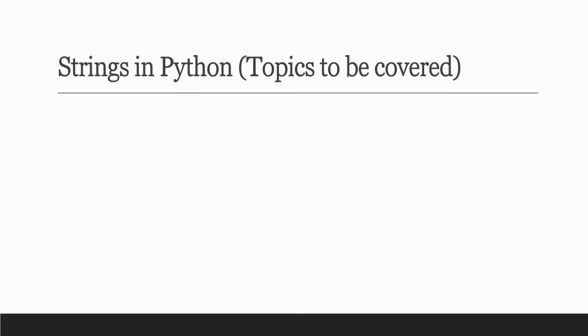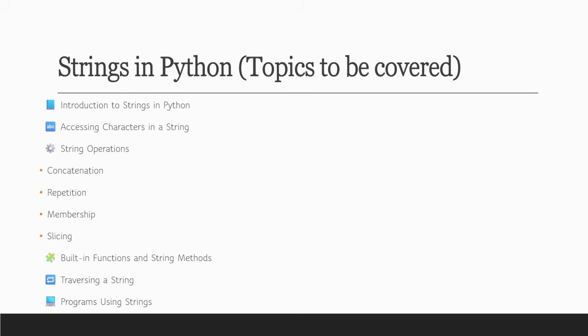In this lesson on strings in Python, we will cover the following topics step by step. We'll begin with an introduction to strings in Python, where you'll understand what strings are and how they are used. Next, we'll learn about accessing characters in a string using index numbers. After that, we'll explore string operations, including concatenation, repetition, membership, and slicing, with simple examples.